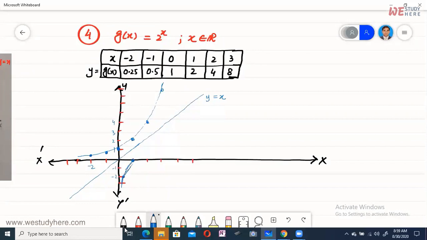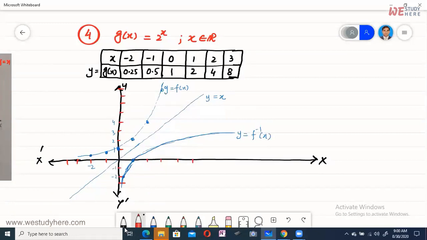This is the reflection of f of x. This is y is equal to f of x. This is y is equal to f inverse of x. This is the graph of y equal to f inverse of x.